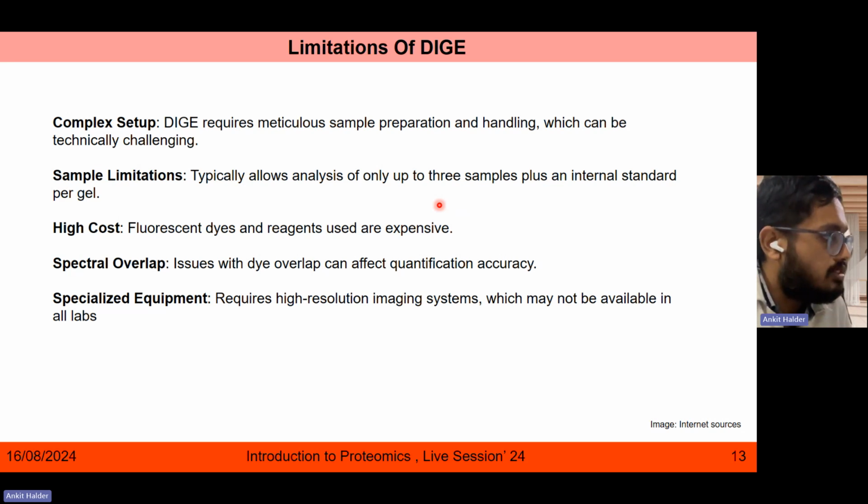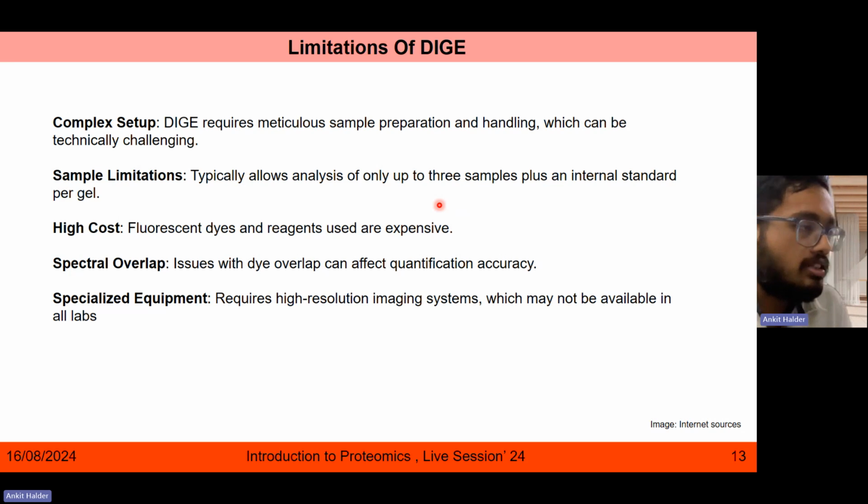High cost: fluorescence dyes and reagents are expensive. Then we have the spectral overlap issue. Dye overlap can affect our quantification accuracy and requires high resolution imaging systems, which will not be available in all labs.